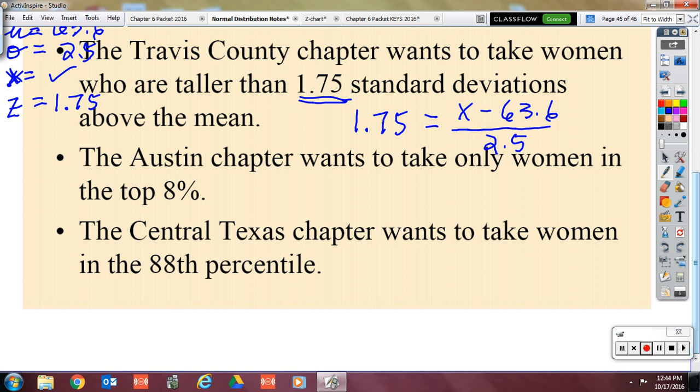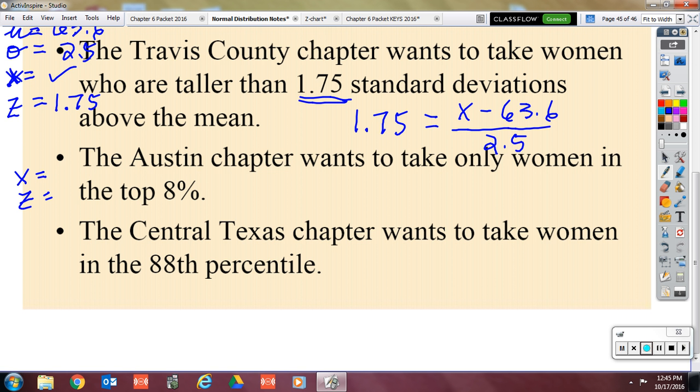The Austin chapter wants to take only women in the top 8%. So would this top 8% be giving me the x value? That's the data. That's the height. Or am I going to be able to get a z-score from that? Well, it's not a height, so I should be able to get a z-score from that.